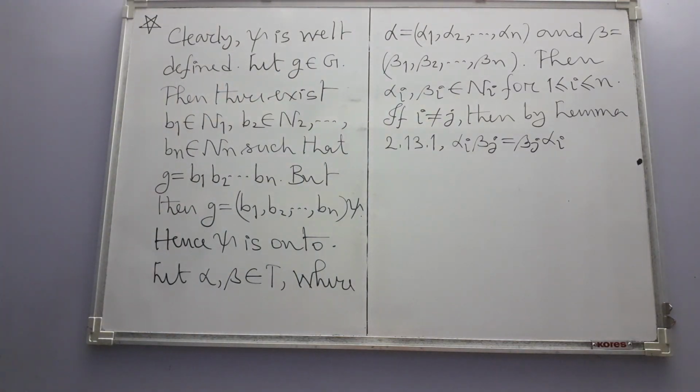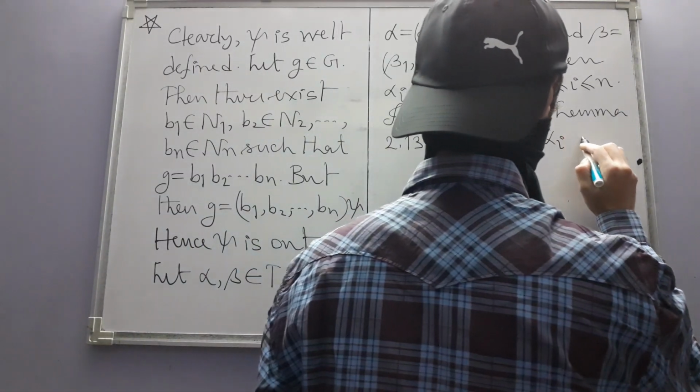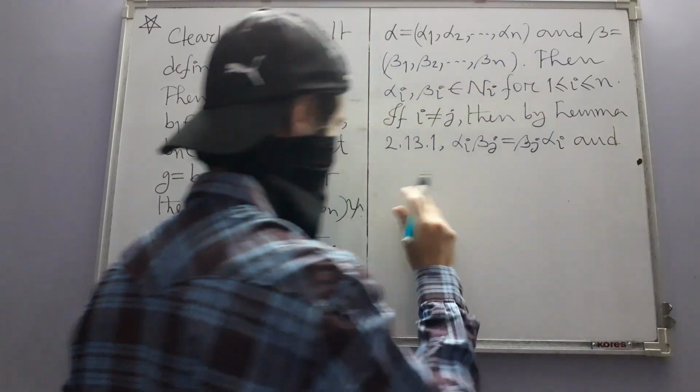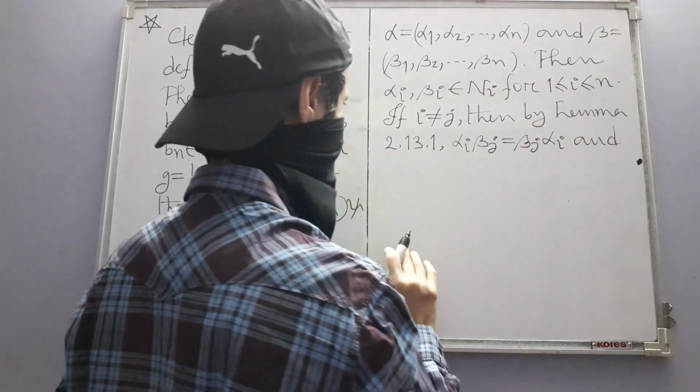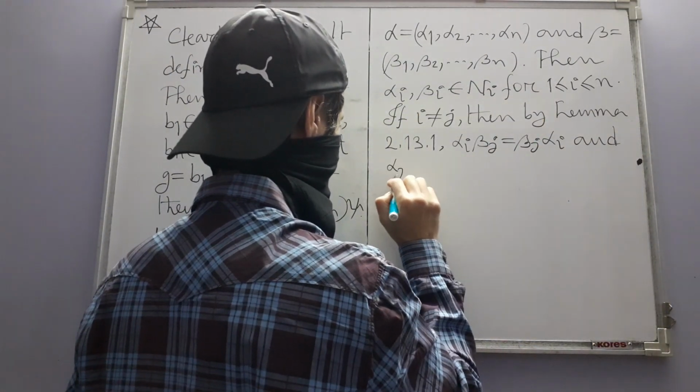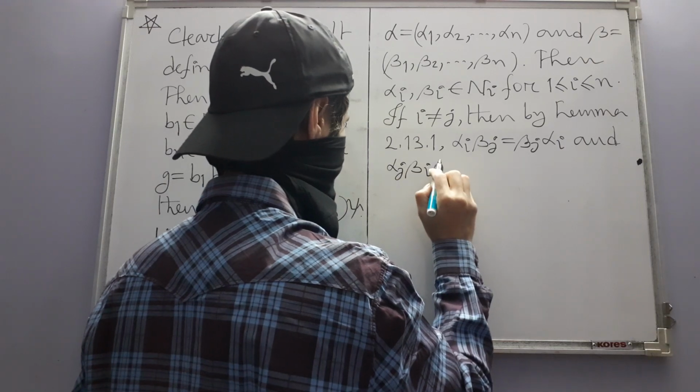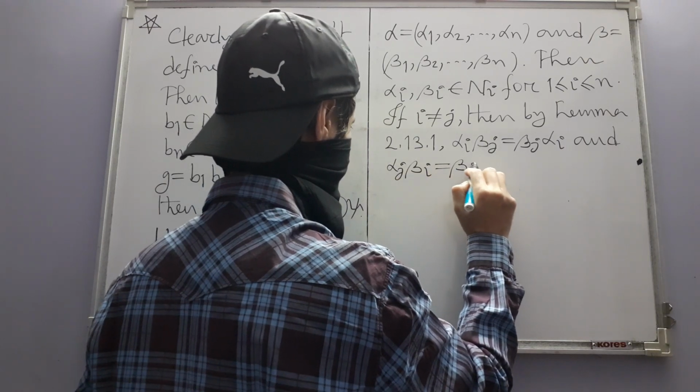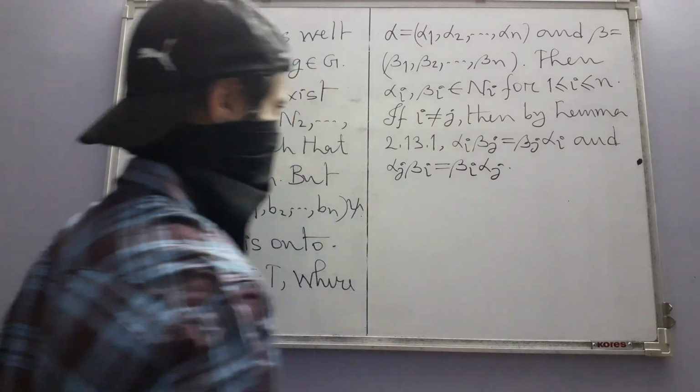We have already seen this, and it is one part of the conclusion of this lemma. Alpha j beta i similarly is equal to beta i alpha j.